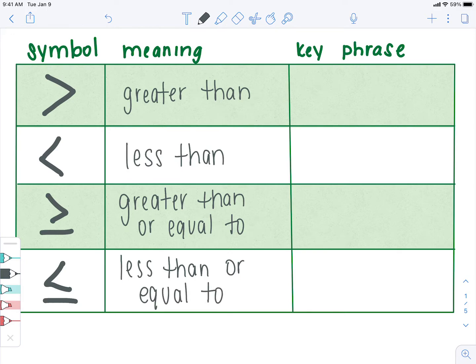So since we're going to write these as words, there's also other words that we can use to describe these. Their mathematical names are greater than, less than, greater than or equal to, or less than or equal to. But when we're just talking regular language to each other, we don't always use the most mathematical or correct vocab word. So if I'm saying something is greater than, I can also say more than.